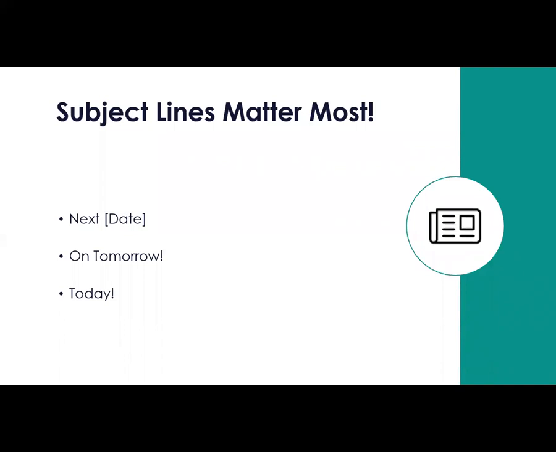So from our tests, one major thing that we noticed makes a big difference, before even getting into the content of the email message, is to indicate the time. When is this event happening? To create a little bit of urgency. So we have next Monday, or tomorrow, or today.